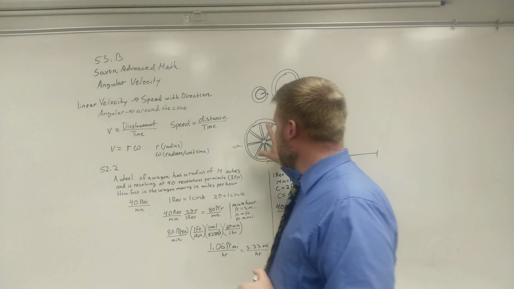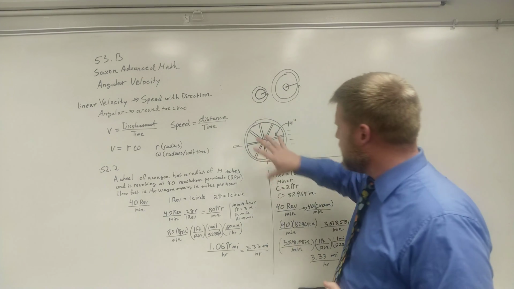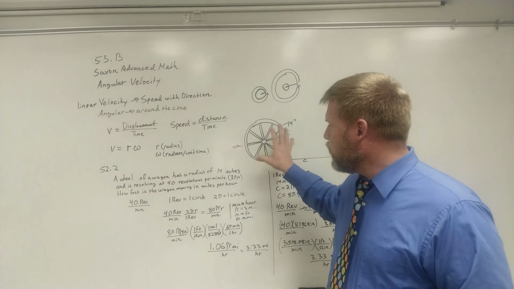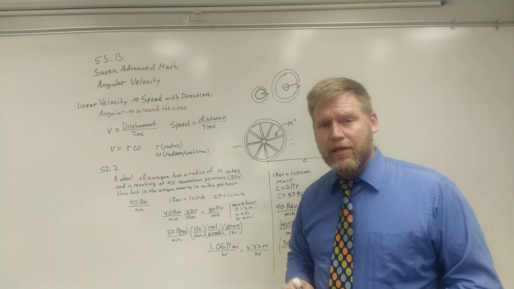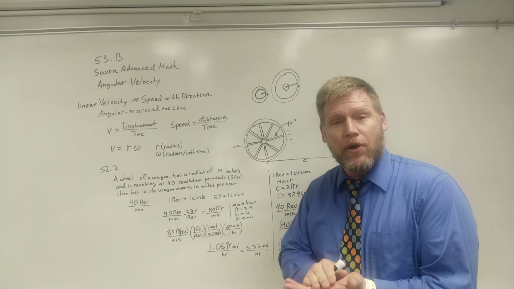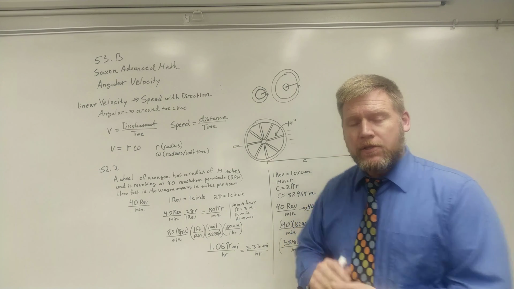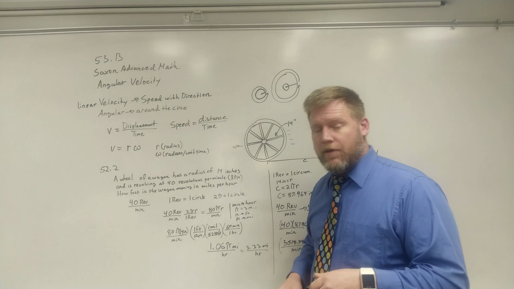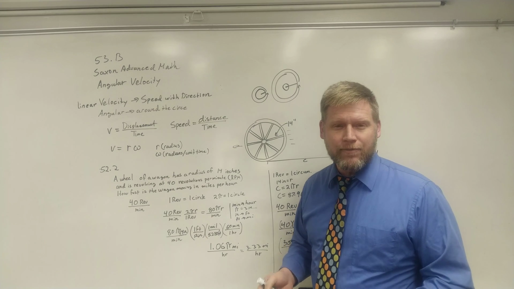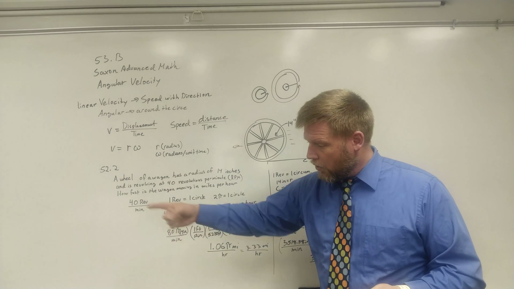Now, keep in mind a couple of things when we're working with this. The example is going to be a wagon wheel, and that's why I have that drawn here. Even though this wagon wheel spins, the outside of it is making direct contact with the ground. This is why if you drive a vehicle off the pavement and look at the tire track that's left, it's not just a spun hole.